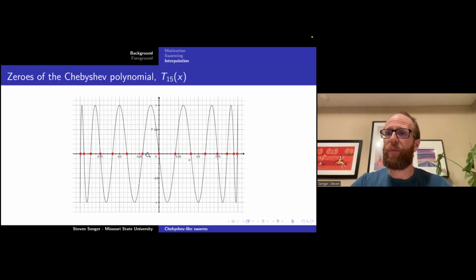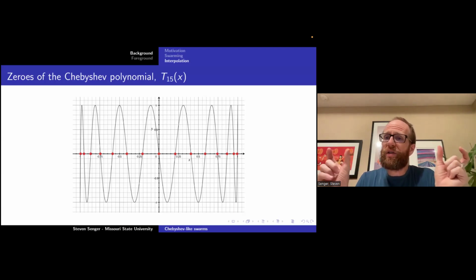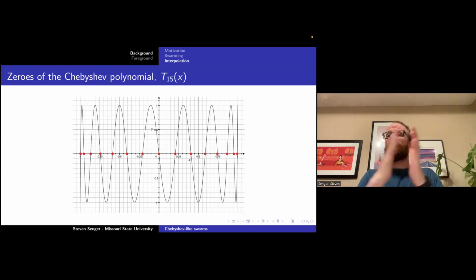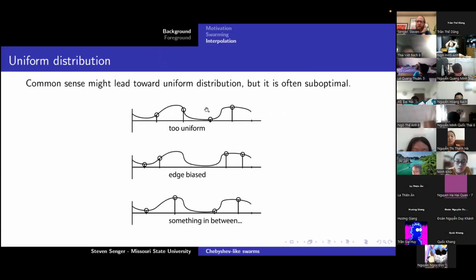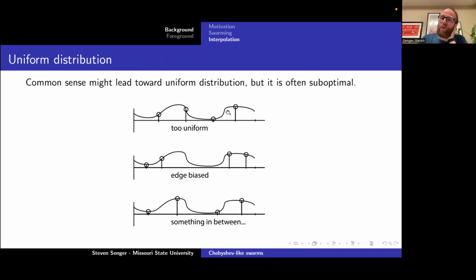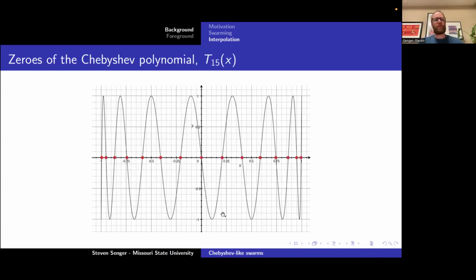However, there's still some representation in the middle, right? So they have a higher concentration near the edges, but in the middle, there's still somebody there. So if we go back to these extremes, it's not too uniform, and it's also not too edge biased. It's something nice and in between. So these are the zeros of the Chebyshev polynomial.